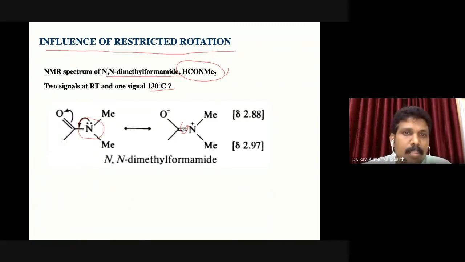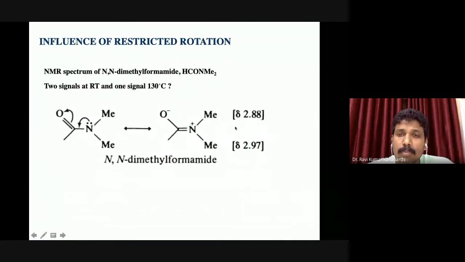So that is primarily responsible for N,N-dimethylformamide showing two NMR signals. Because of this restricted motion around the C=N bond, we always see two different types of methyl groups. One methyl group is syn and the other one is anti. One methyl is on this side, the other on this side.